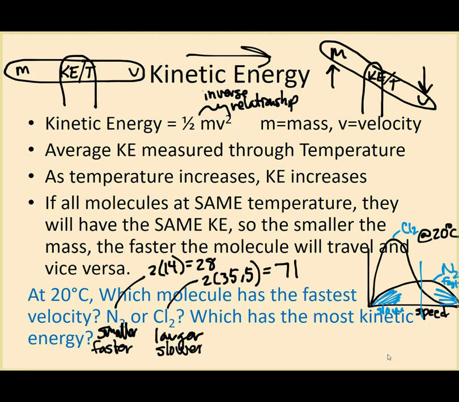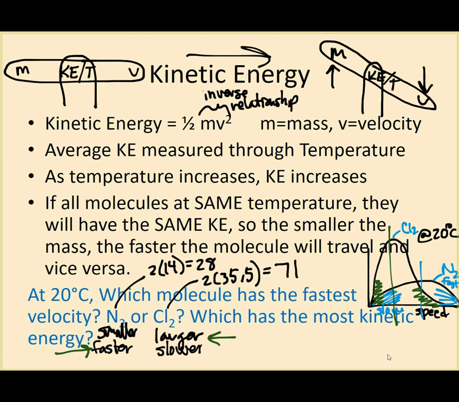And we can see that overall nitrogen has molecules that are moving faster than chlorine, because chlorine's average speed would be over here. Again, chlorine would still have some going slow and some going fast, but its average would be much lower as far as its velocity. So that's just one thing to know that you can get from this kinetic energy equation, that the larger the molecule at the same temperature, the slower it's going to go, and the smaller the molecule, the faster it would go. And this is at the same temperature.